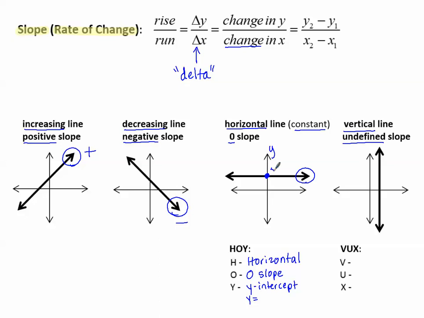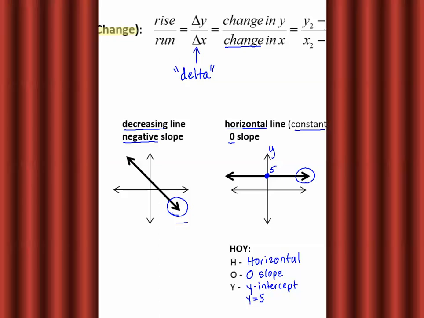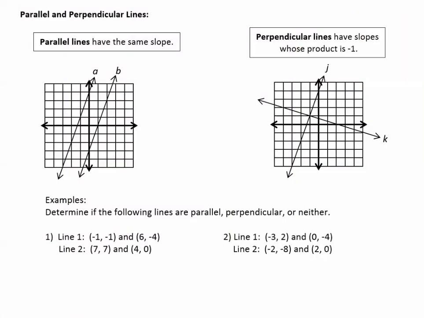Kind of like if this were 5, the equation would be y equals 5. Similarly, VUX, for vertical line, has an undefined slope, and it only has an x-intercept, so the equation could be x equals 5. See, there's only an x-intercept, and if this is passing through 5, the equation would be x equals 5. So you remember these things from Algebra 1, and we will be using those.